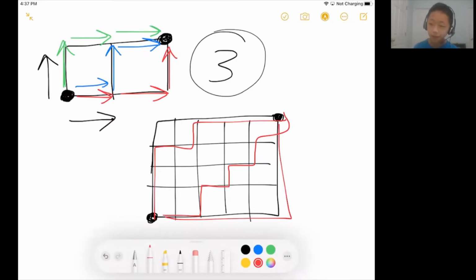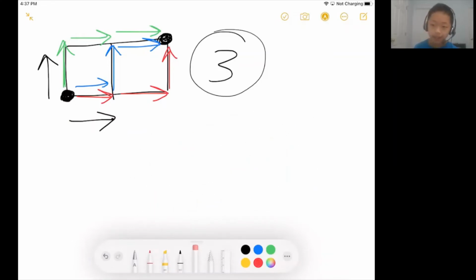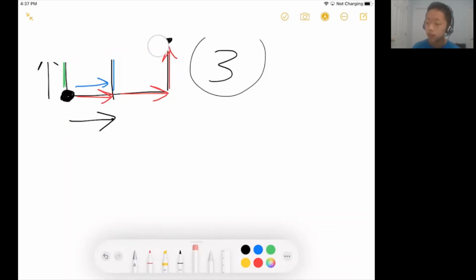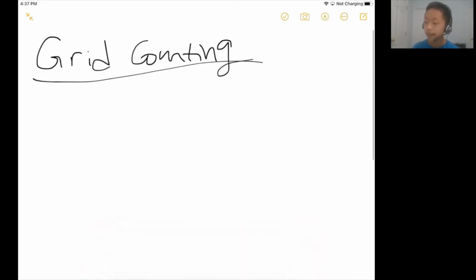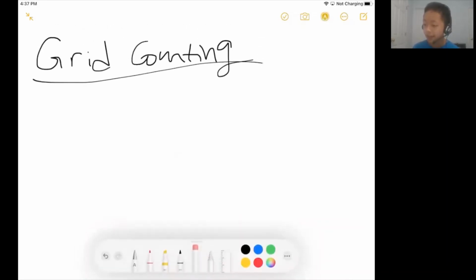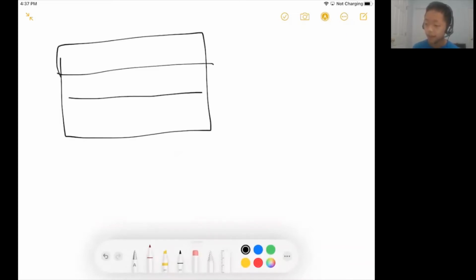The first strategy that we're going to talk about is called recursion. The idea is we can break this big problem into smaller subproblems, smaller, easier problems to work with. So let's say we had a bigger grid, a 4x3 grid, for example.